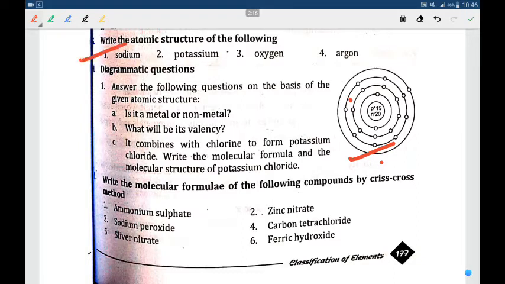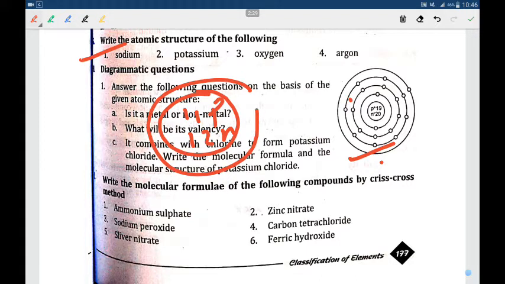First let's discuss sodium. You students, you draw the sodium: 11 proton and 12 neutron. First orbit, 2 electrons.